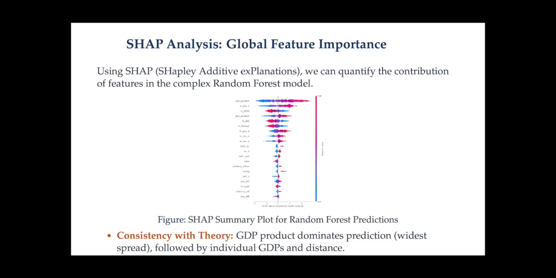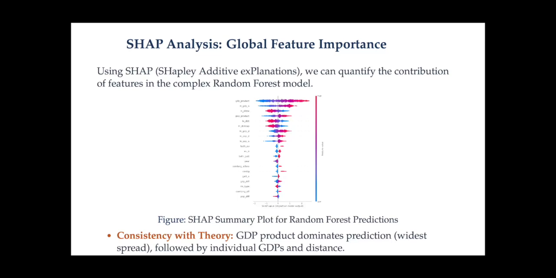And as we can see, after the random forest result, the Shapley value shows this summary table. GDP product, which is the multiplication of GDP of origin and GDP of destination, has the most predictive power in the model.